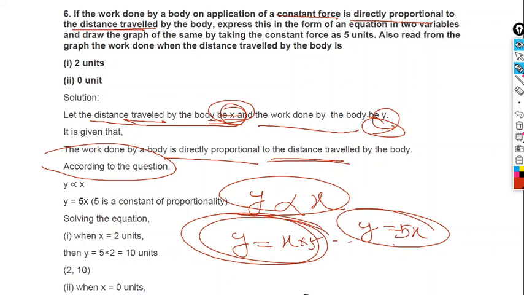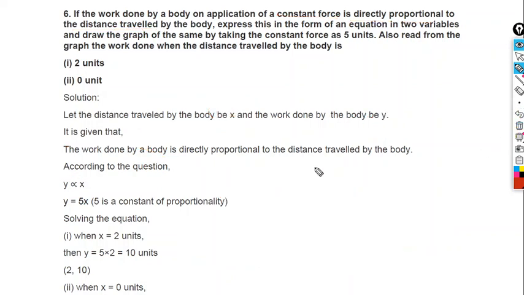Now try to solve the question. First let's see 2 units and 0 units. The question is the distance traveled by the body is 2 units and 0 units.